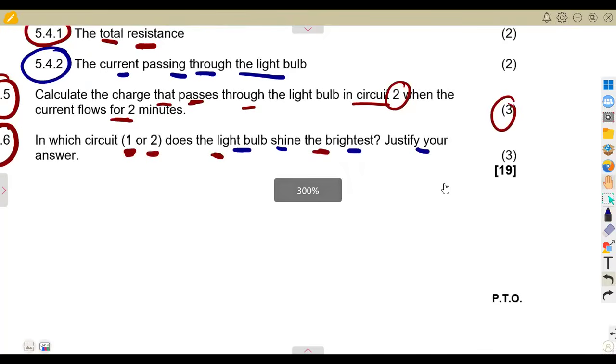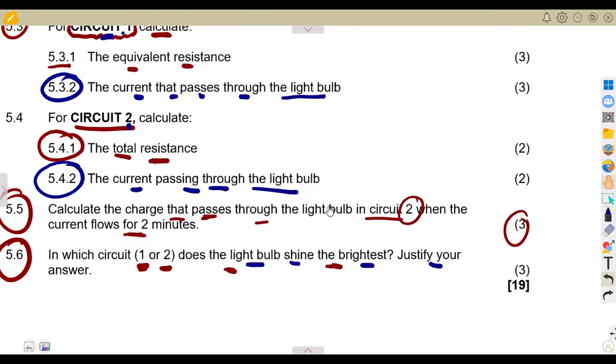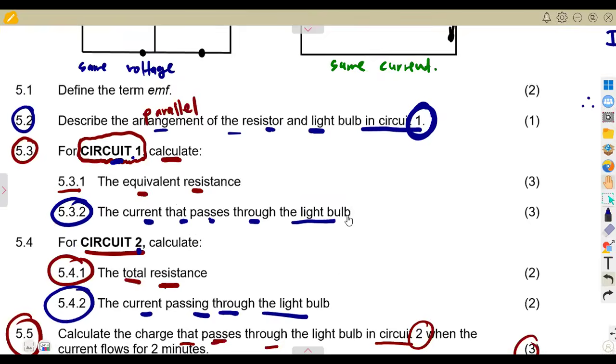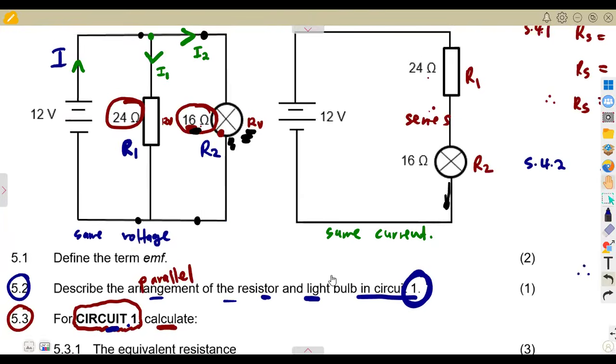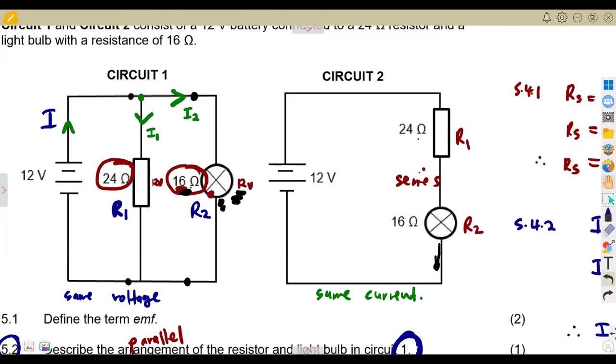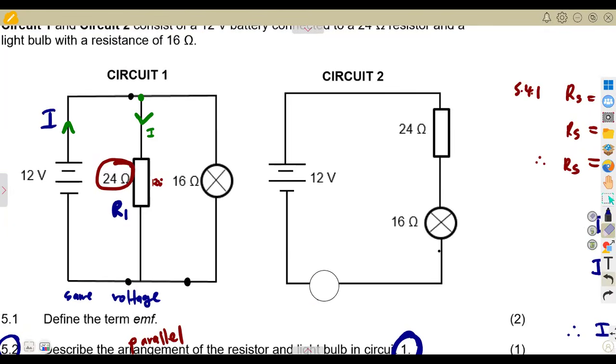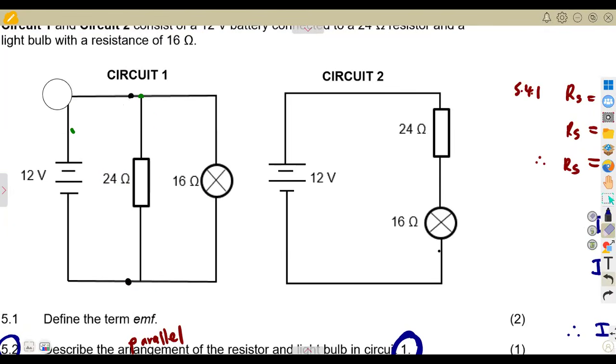For a light bulb to shine brighter, or to be the brightest, it must have a higher current compared to the other one. So we've got 2 light bulbs in this case, this one and the second one. In order to have this light bulb being the brightest, it must have a bigger current.